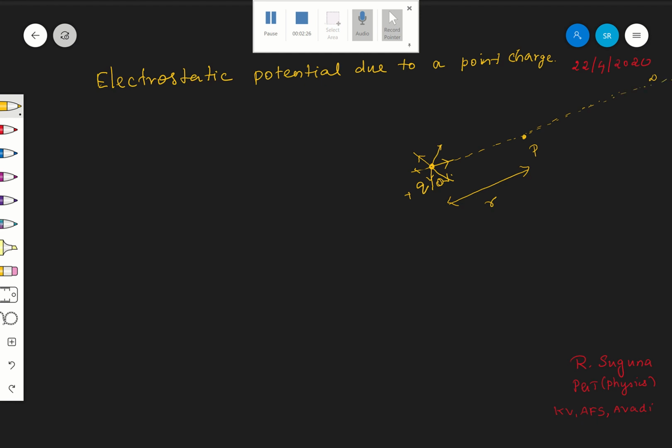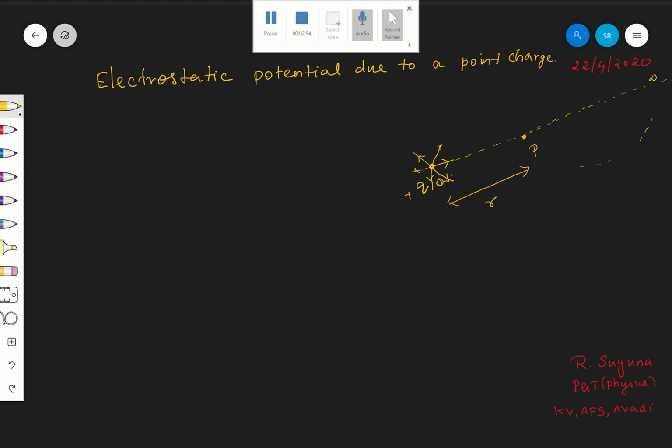Now what I want is to bring a unit positive charge from infinity to P. And it is path independent. I can bring the unit positive charge from infinity to P in any direction.